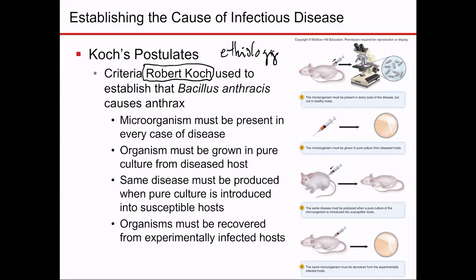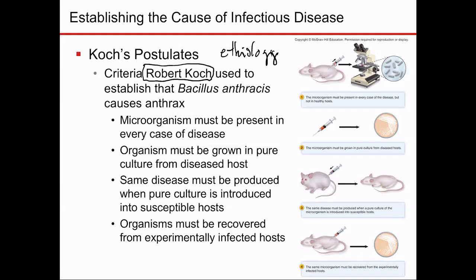the first thing that he said was that we should be able to isolate that particular pathogen from every person in which the disease is being diagnosed. And then that pathogen should not be found in people who are healthy.